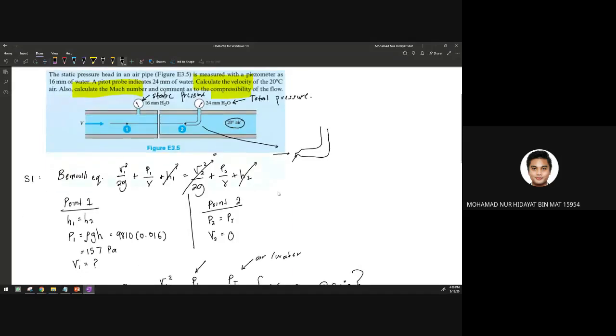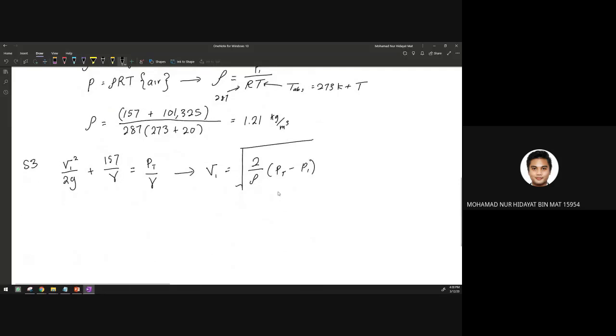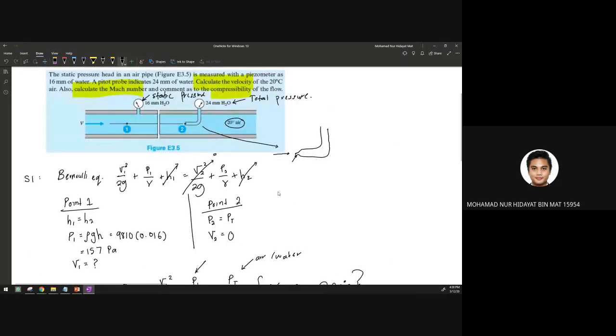The stagnation pressure is like we have done earlier. PT equal to rho g h.